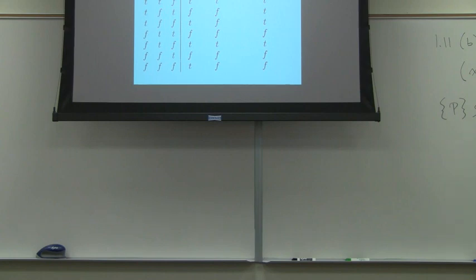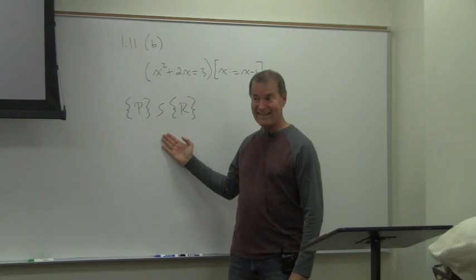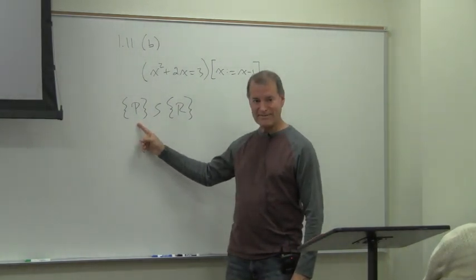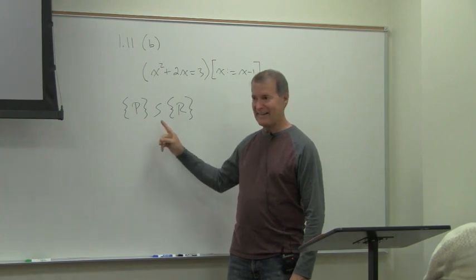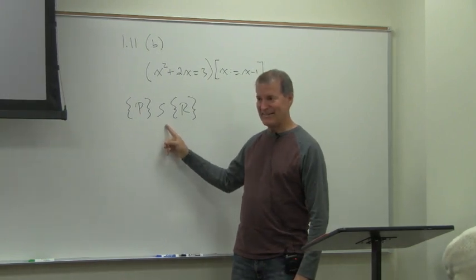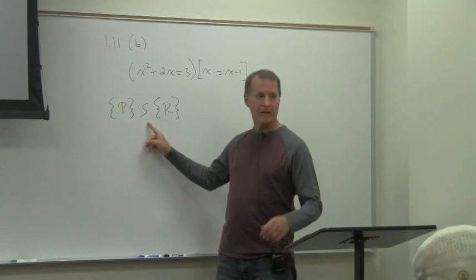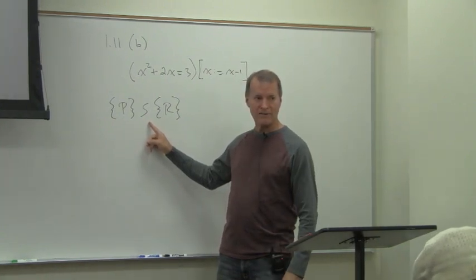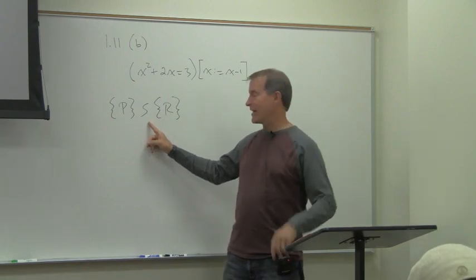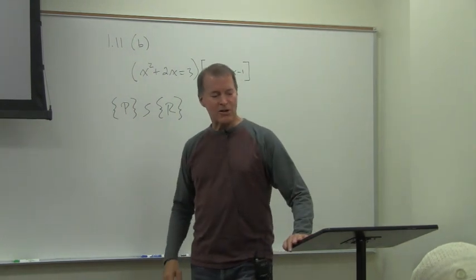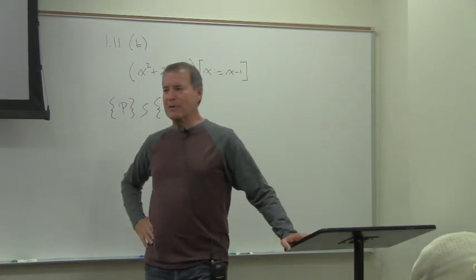So if this is a Hoare triple, what's the interpretation of a Hoare triple? If P is true and S is executed, then R is guaranteed. One more thing: S terminates. It's hard to get that until you've done some programming.